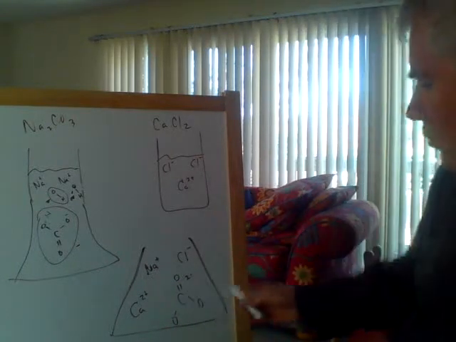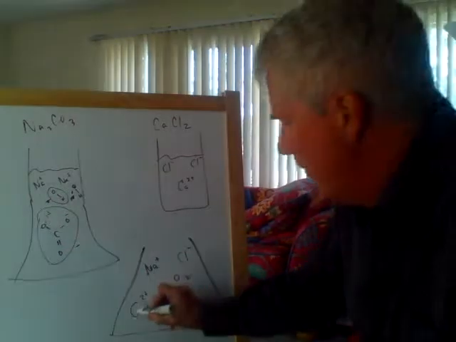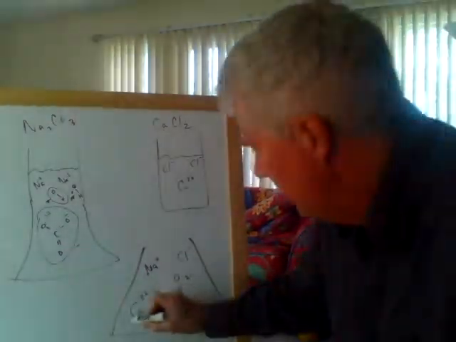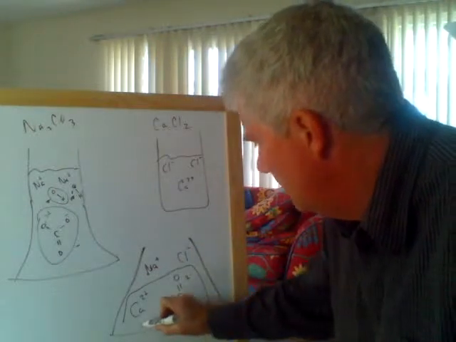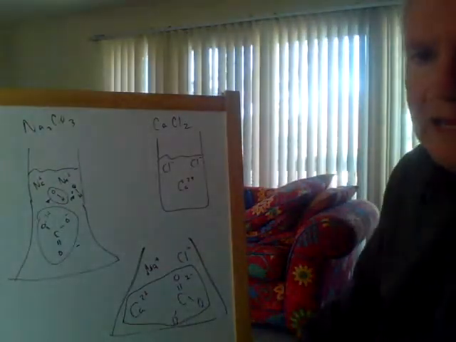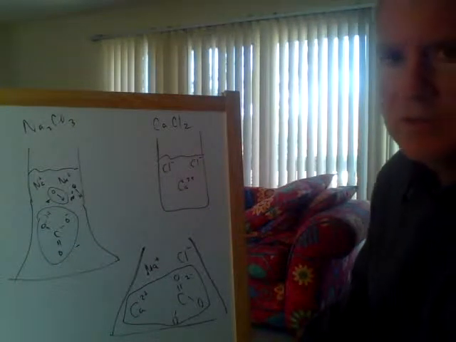And in this case, when we mix these two together, what we find, and we actually did this experiment, is the calcium and the carbonate join together and actually start to form a solid.